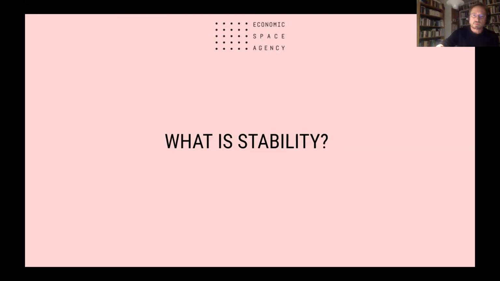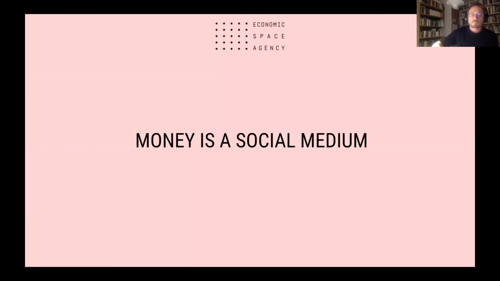And this leads to my second point, that it's considered stable because it encodes and enforces the socially dominant ideas of what constitutes value. So money is not really a thing. Certainly, it's not just one thing or just a technical mechanism, but it's a social relationship. So it always codifies the existing social relationships, like ownership or the capital-labor relationship, or profit as the measure of value.